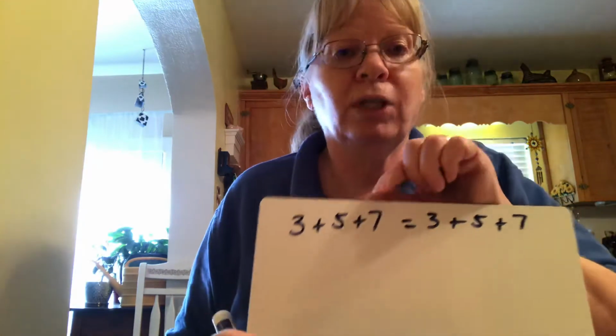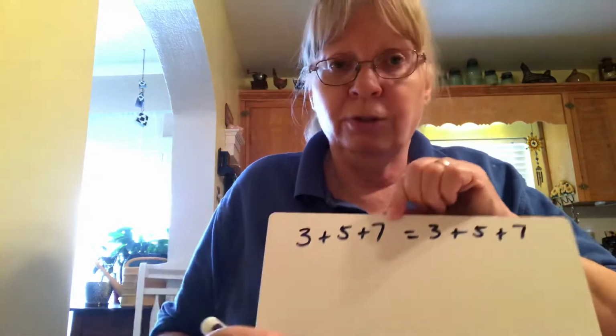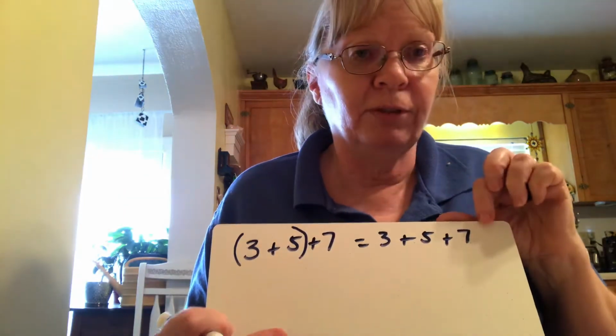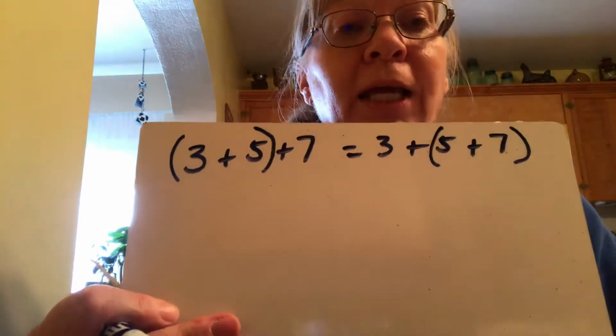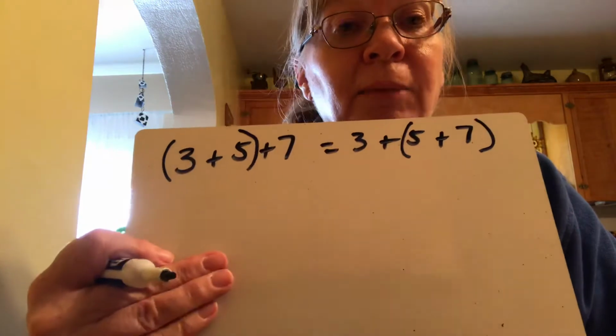I'm going to write this differently. 3 plus 5 plus 7 equals 3 plus 5 plus 7. I can either go talk to 3 first, so I'll put parentheses on that, or I can go talk to 7 first. But either way, I am going to get the same answer.